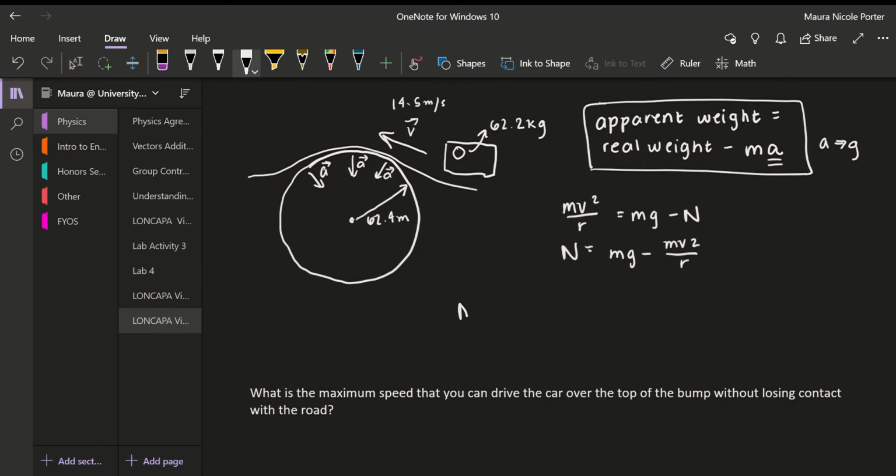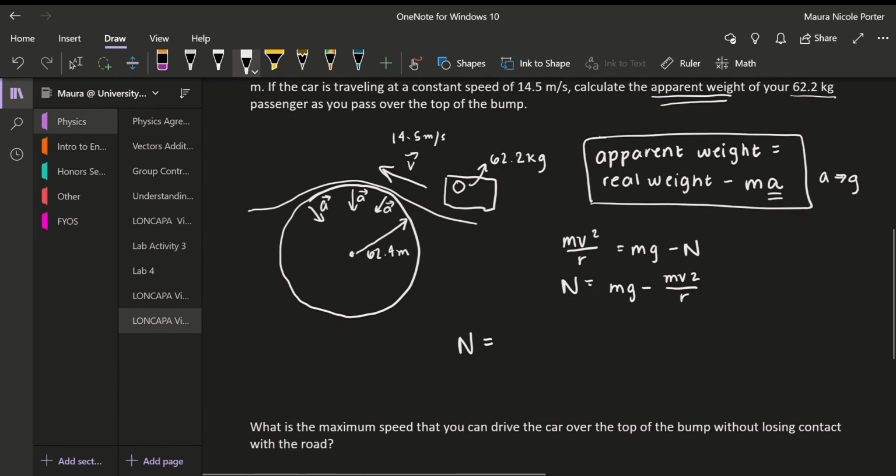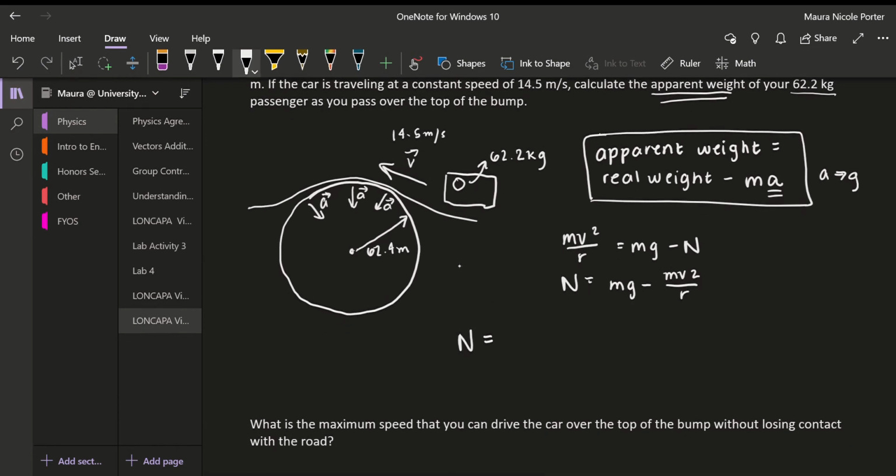So our force, or our apparent weight, is equal to 62.2 times 9.81 minus 62.2 times 14.5 squared all over 62.4.